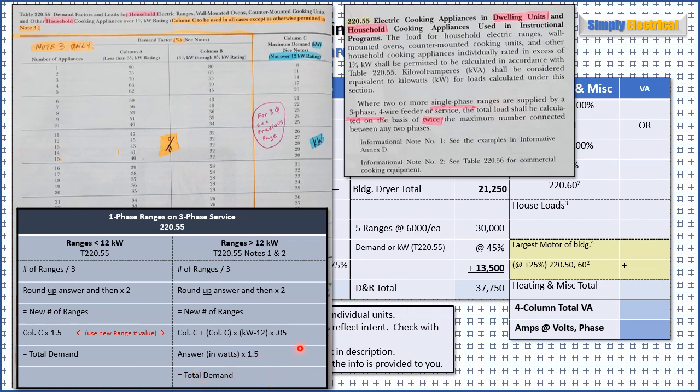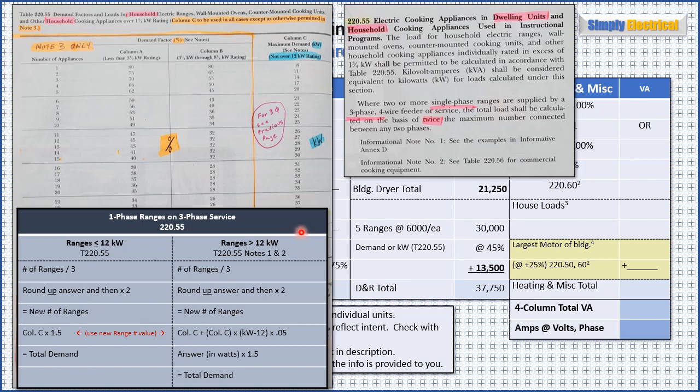Again, I'm not going to go into an explanation on how this works right now, but I can do that in a different video if you guys want. But you should be able to just plug your numbers into this and come out with the right answer every time without any trouble. And that's going to come into play on multifamily, fairly often, at least in my experience. A lot of multifamily it's in the city usually, and so they have three-phase power available, and it's more efficient to run it on three-phase.